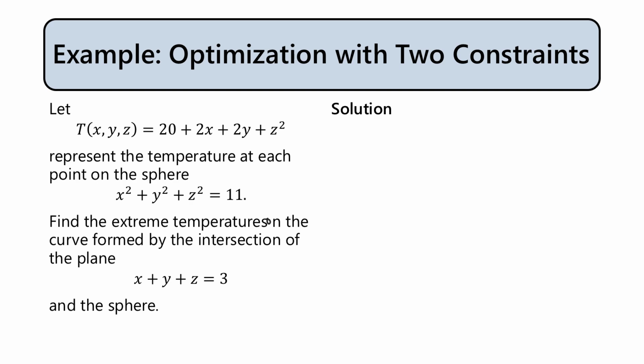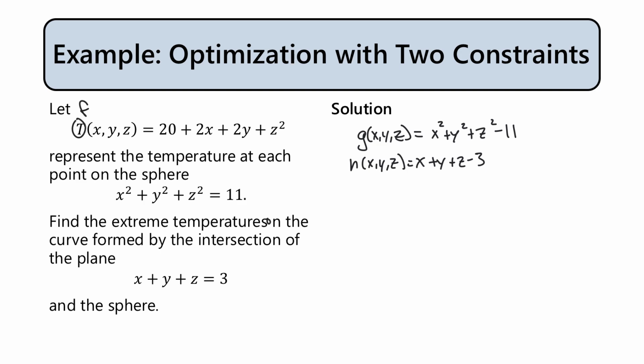So we're going to start with our 2 constraint equations. So g of x, y, z is going to be x squared plus y squared plus z squared minus 11. And h is going to be x plus y plus z minus 3. So that's our 2 constraint equations, and then our t equation is kind of like our f equation. So this is like our f.